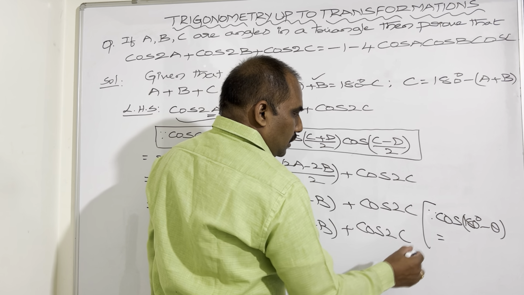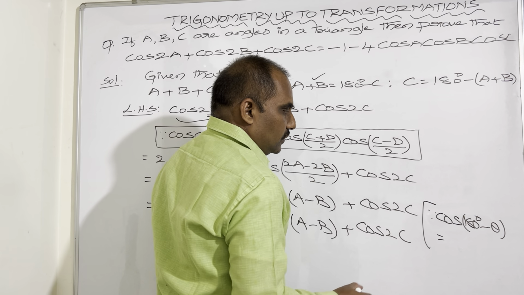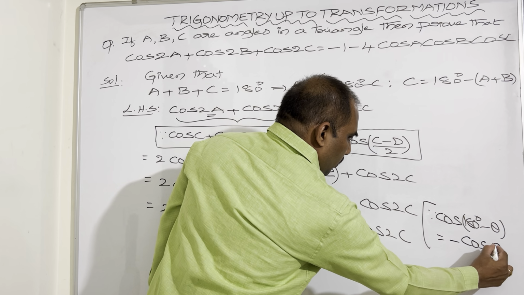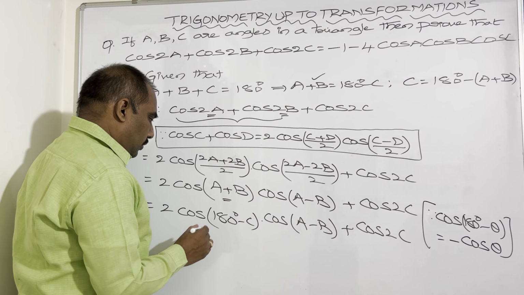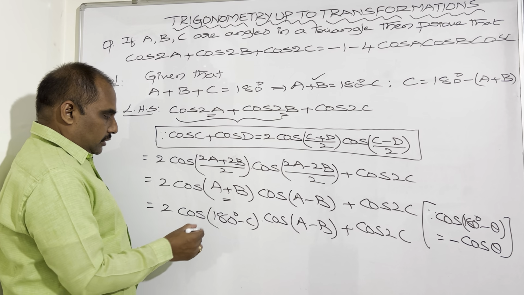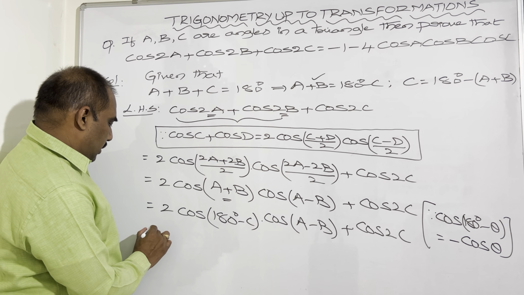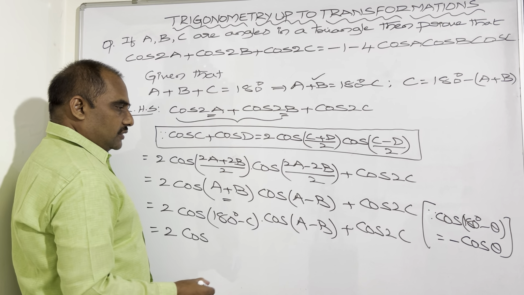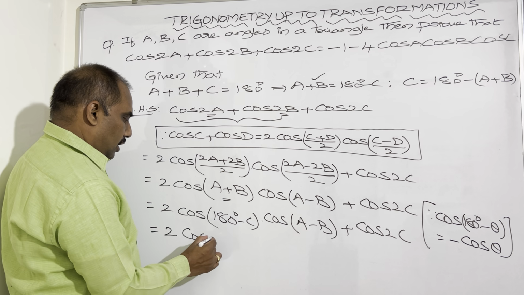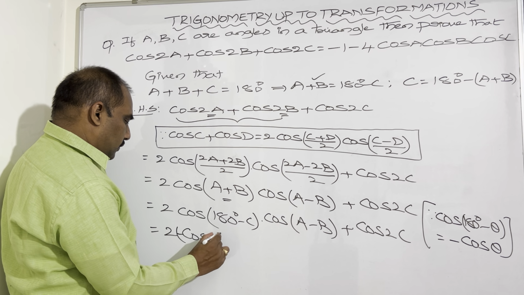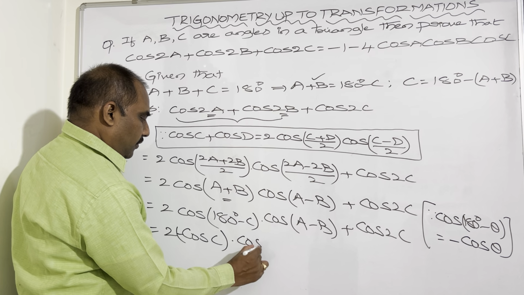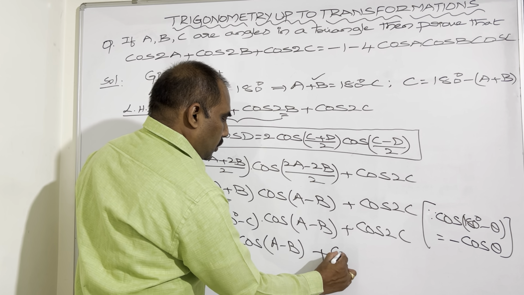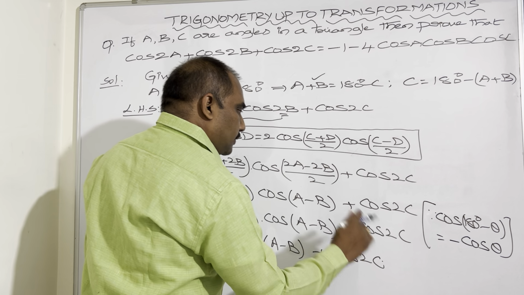In the second quadrant cos is negative, and the trigonometric ratio will not change. So this is minus cos theta, where theta is C. So we get minus cos C into cos of (A minus B) and plus cos 2C as it is.